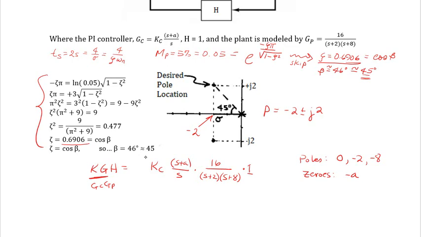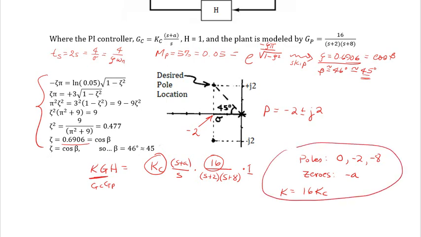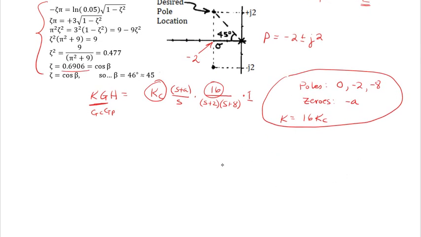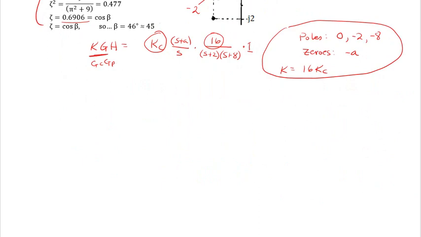We also note that the root locus constant, K, is going to be equal to K_C times 16. So that's where we start out, and we'll take these values and put them inside of a nice chart, and I've already drawn that up, so I'll show you that now.